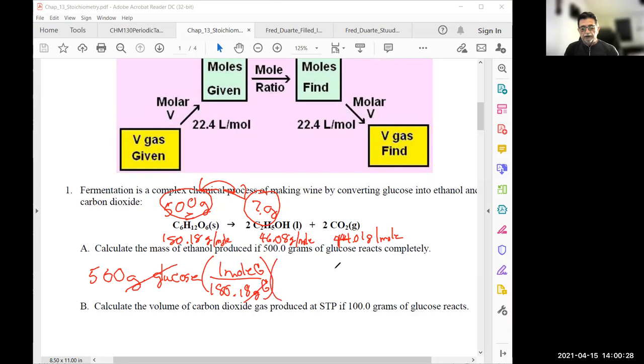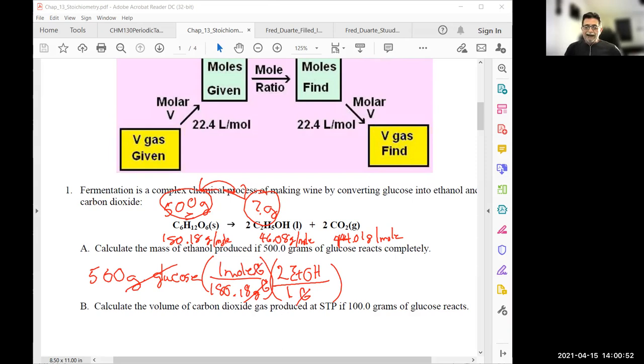So now we need to get to moles of ethanol. And we know from the balanced chemical equation, this is shorthand for ethanol, ETOH, and 1 G glucose. I'm just using shorthand, I want you to make note of that. G is glucose. So I got that canceled out.